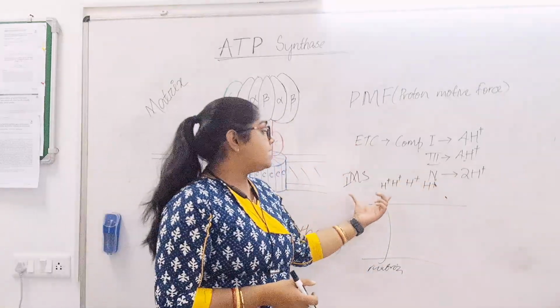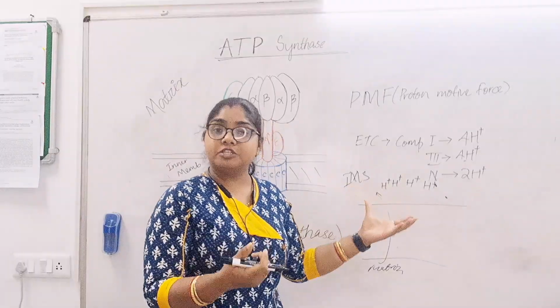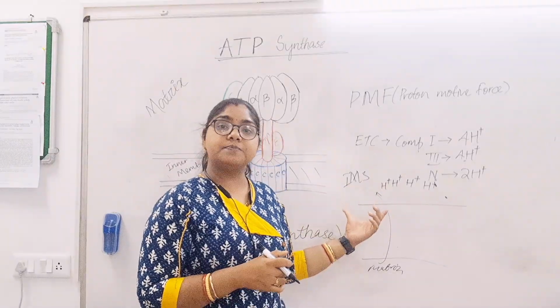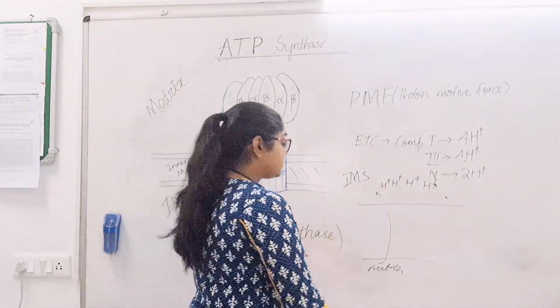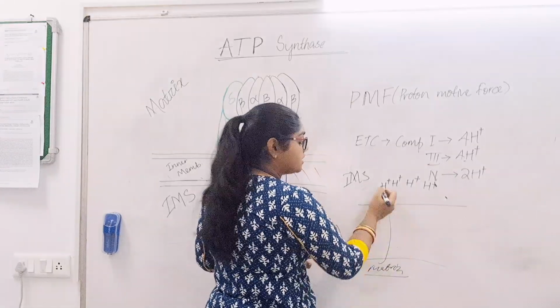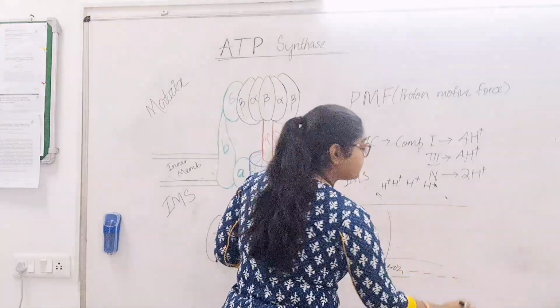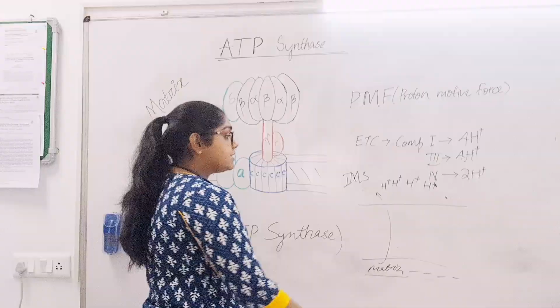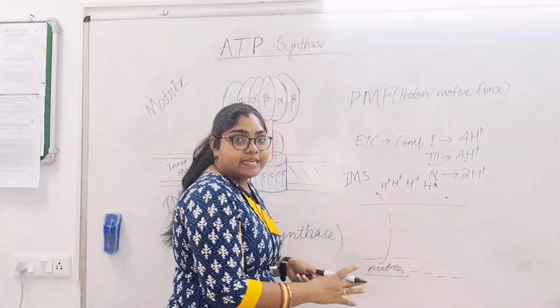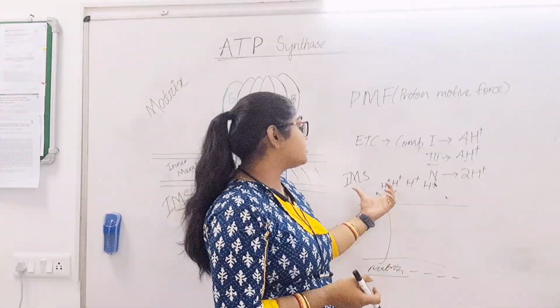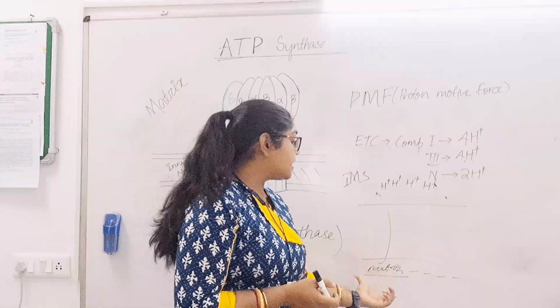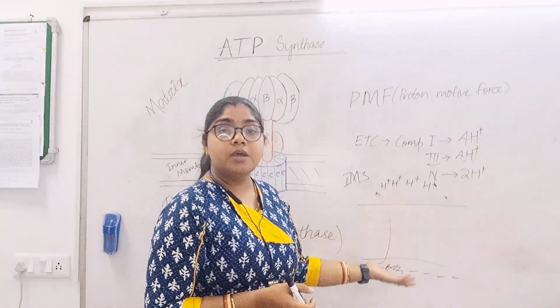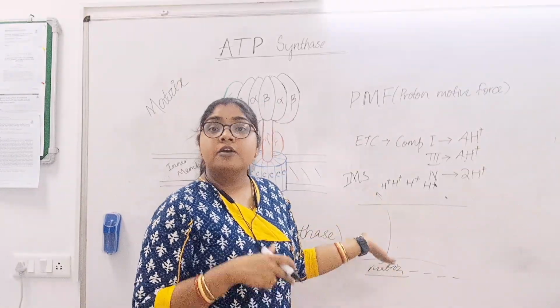That means the intermembrane space becomes positively charged, and the matrix, after losing the protons, becomes negatively charged. This is known as the voltage gradient: the positively charged intermembrane space and the negatively charged matrix.